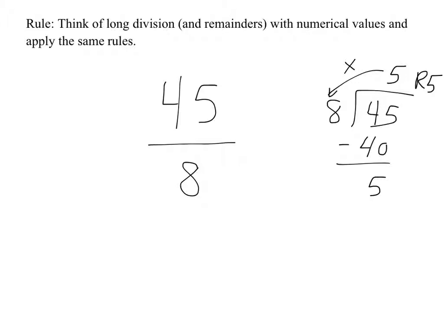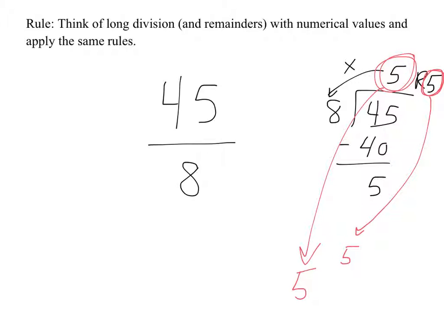Let's write this out. This becomes the whole number portion. This 5 here becomes the numerator of the fractional part. This 8 over here becomes the denominator of the fractional part. And it always works this way. Always, always, always.